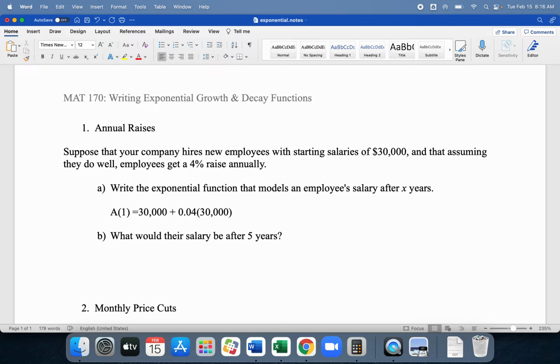Now, that's kind of an annoying formula, right? 30,000 plus 0.04 times 30,000. That's the equivalent of doing this the long way, like find the percent and then subtract it. If I want to find 30% off, then I figure out what 70% is, what amount I have remaining. Well, this isn't an additive one. It's a little bit weirder looking.